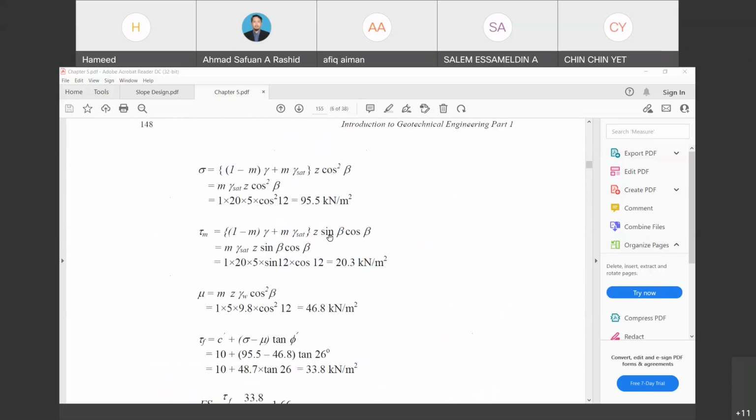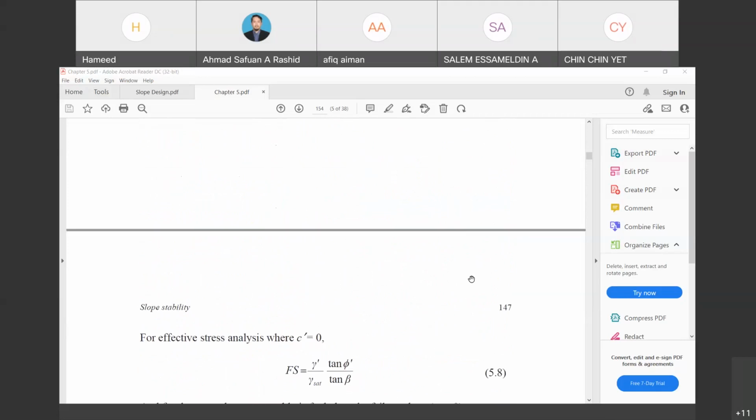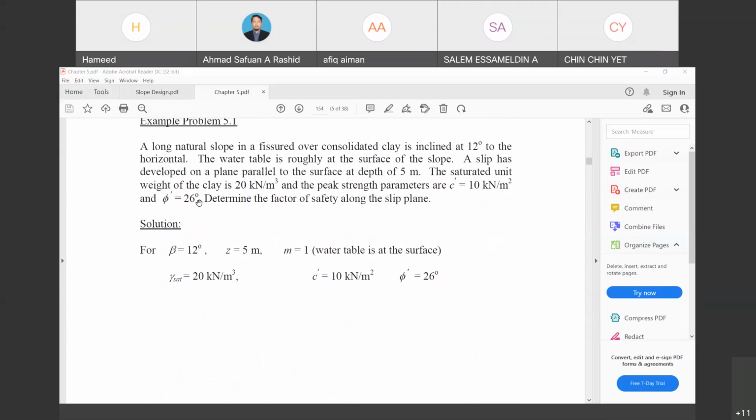First you need to list all of these inputs. So I want you to make some calculation, and then see if we can get 1.66 as well by using the formula derived in equation 5.7. So write down first this one. We need to spend not more than 5 minutes.